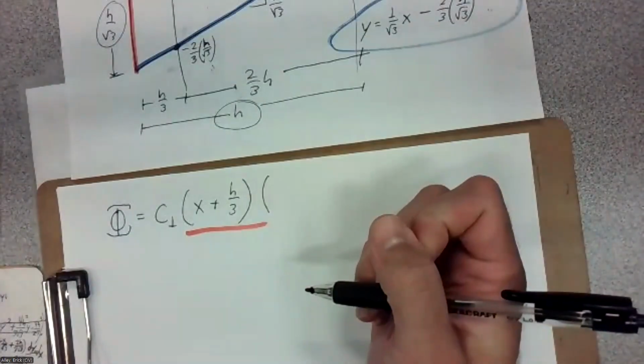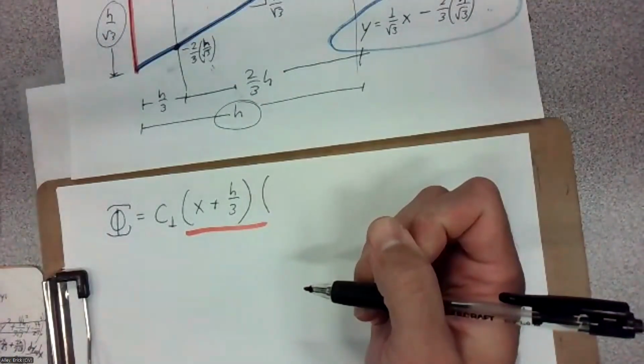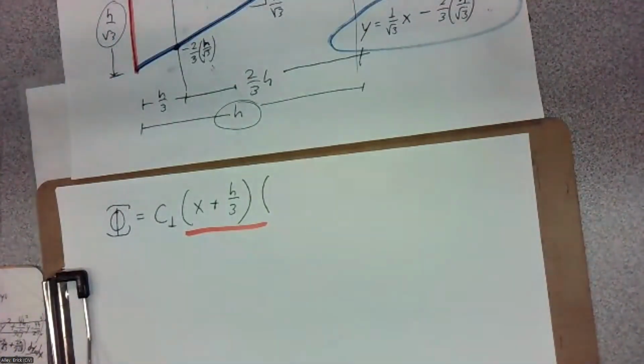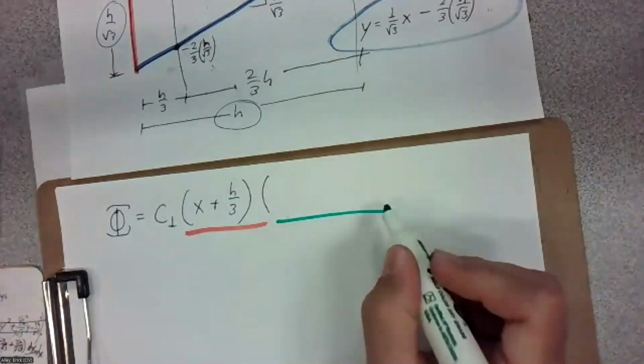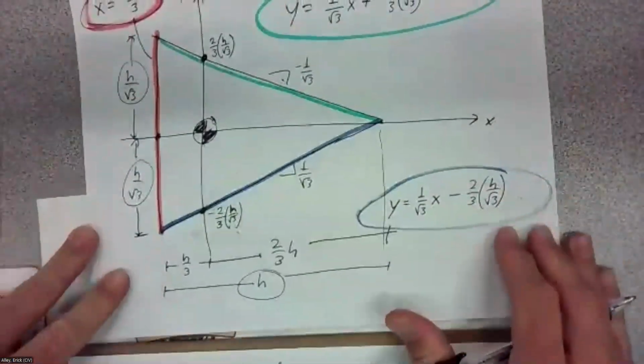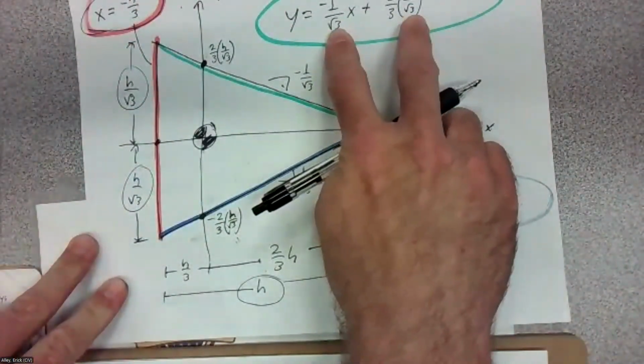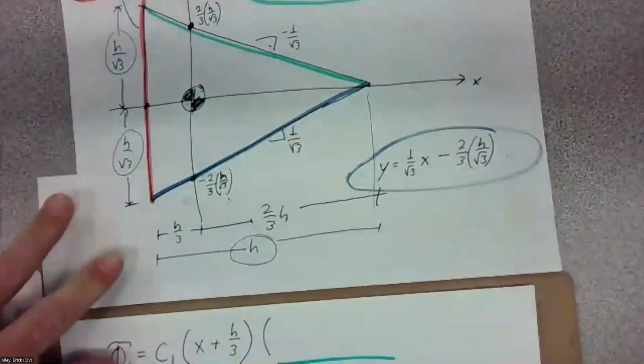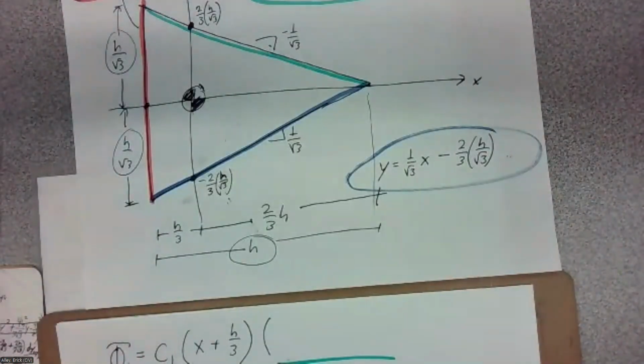Then we'll throw another one up there. We can do the top one next. We'll do the green one. If I want to keep the x and y on the same side, I'm going to multiply through by that square root 3 just to get a radical out from the bottom.